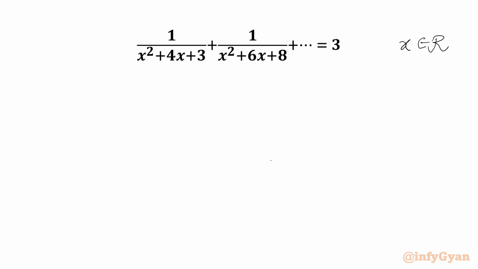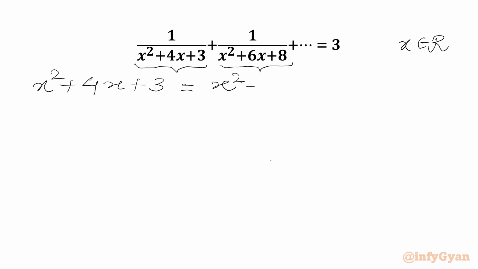So we'll be starting with factoring our denominators. We have two denominators. Let us factorize both. I will write x square plus 4x plus 3, which we can write as x square plus x plus 3x plus 3.